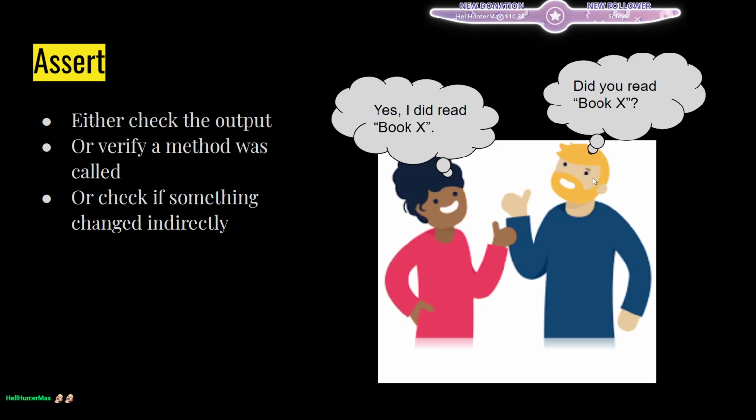And we then assert if the book that you were supposed to read was the book that you actually read. Let's say a teacher asks you, asserts whether you read a book, and you say, yes, I did. And here's the contents, or here's the title and description, and so on.